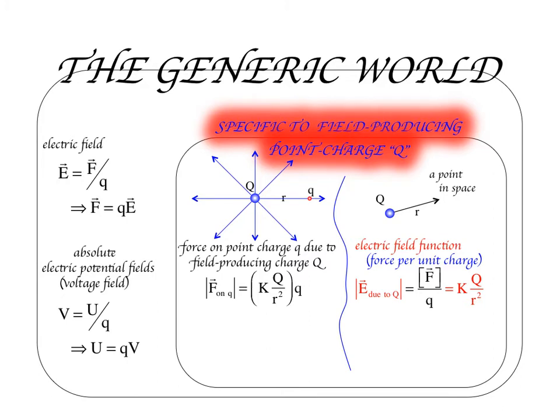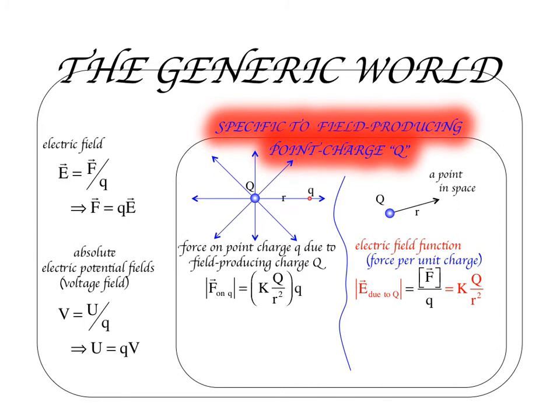Put a little differently, if you put a point charge right there and you identified how large the force there was on that point charge, and I might add, we have that quantity right here, it's the Coulomb force, and then divided out the size of the charge that was feeling the effect, which was effectively plink off this q, what we would be left with would simply be KQ over R squared, which would be the electric field function for a point charge.